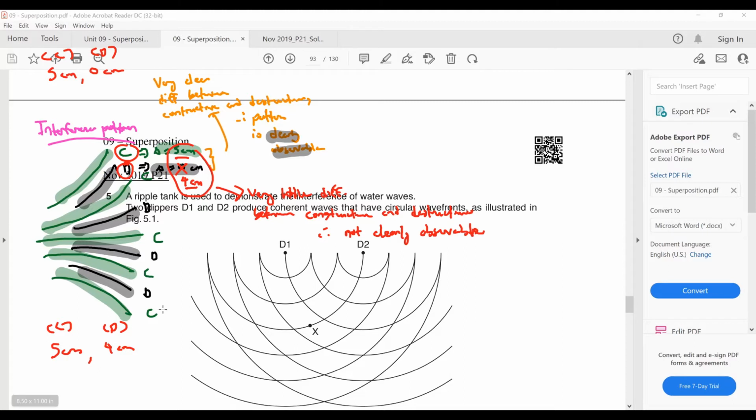Okay, so what caused the destructive interference to have an amplitude not being 0 here in the first place? So the reason for that could be because the waves were not having the same amplitude in the first place.